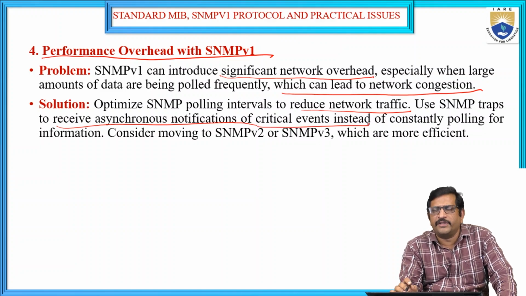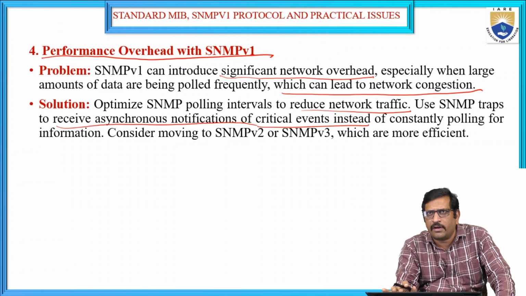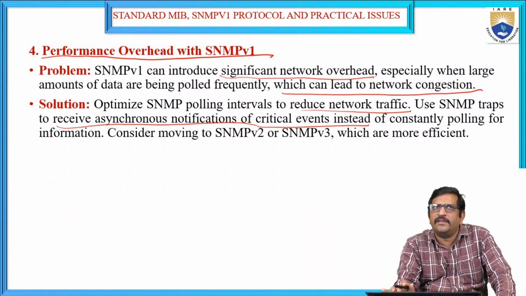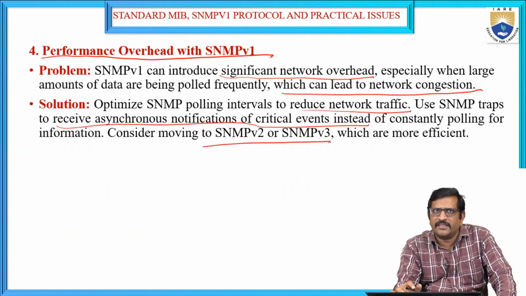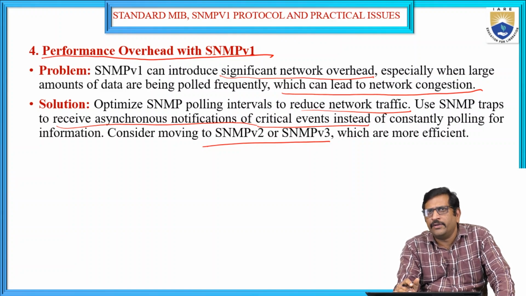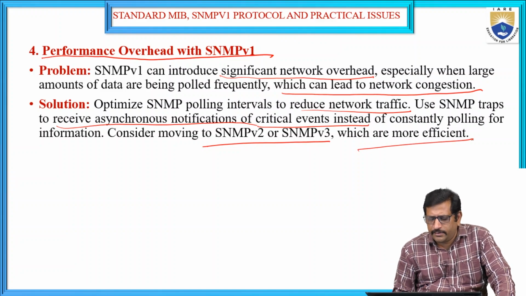With asynchronous notifications of critical events, we can also resolve these performance overhead issues caused by constant polling for information. That's why we have to consider SNMP v2 and v3, which support improved performance and reduce the overhead on the network. So they are more efficient.